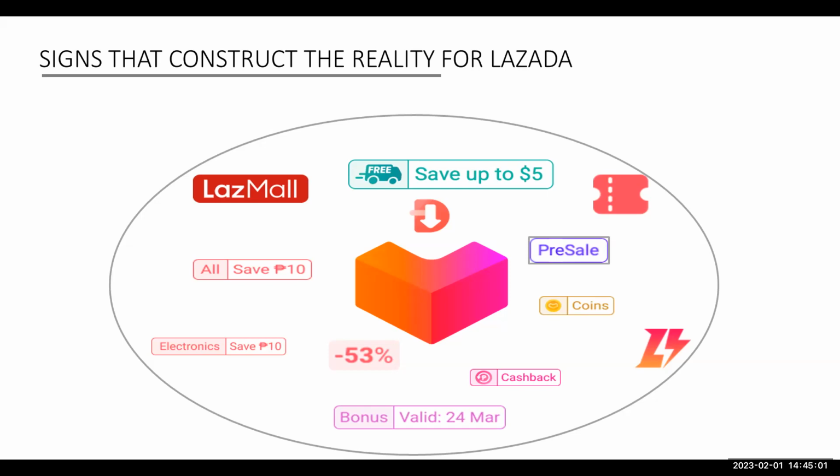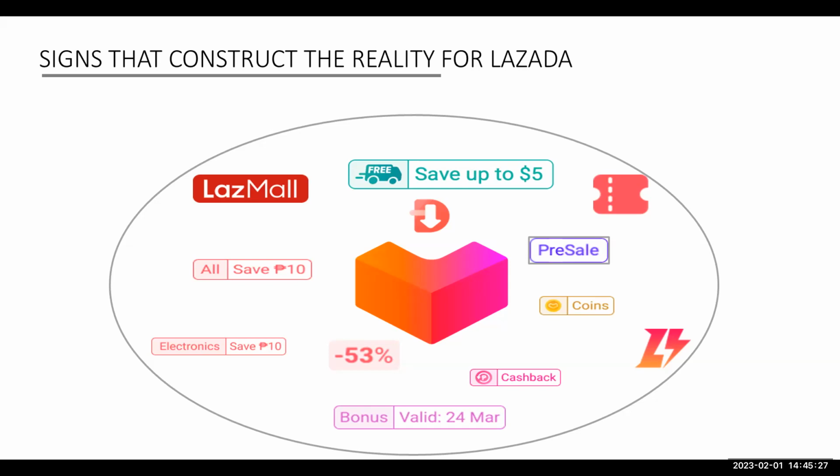We've seen Lazada as an authentic place for shopping where there are trusted sellers, verified sellers. So when you're creating these different symbols, does it create a value for Lazada that it is authentic, that it has verified sellers, that it's a good place for discounts? Shopee is a good place for discount because there's so many different forms of making money.